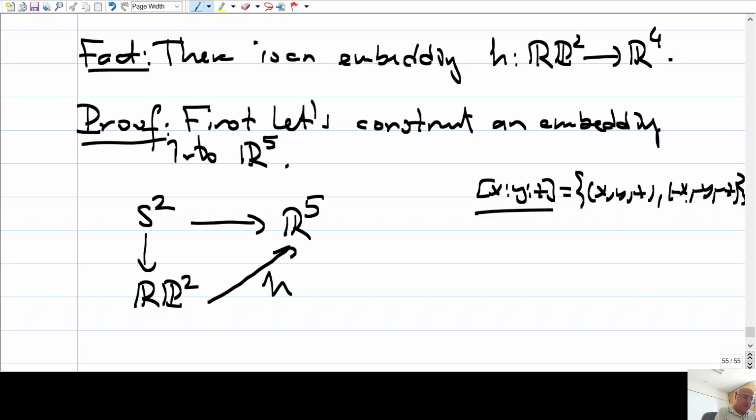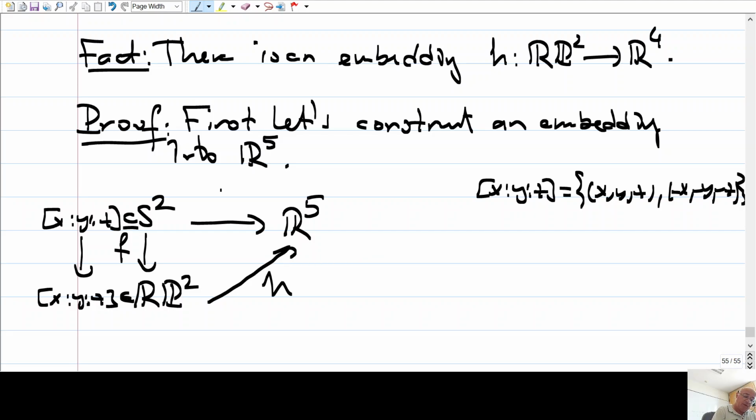It represents this subset x, y, z, and minus x, minus y, minus z. So these are the points in the projective plane, and above this projection map, I have this subset x, y, z. This is a point here. This is my quotient map, sending a point xyz to its equivalence class. Okay, I want a map like this.